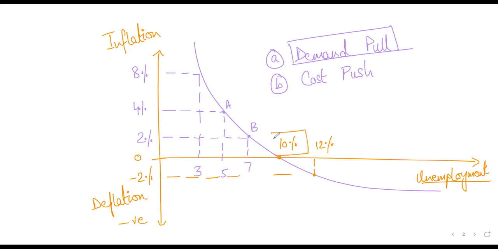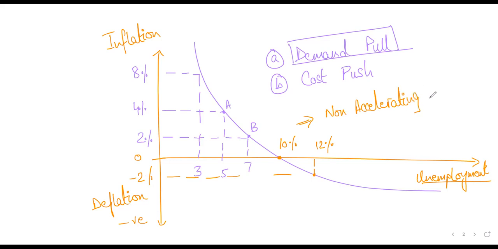And this rate of unemployment, where the graph intersects with the x-axis, is known as the non-accelerating rate of unemployment. Non-accelerating, because we know at this rate there will be no increase in the rate of inflation.